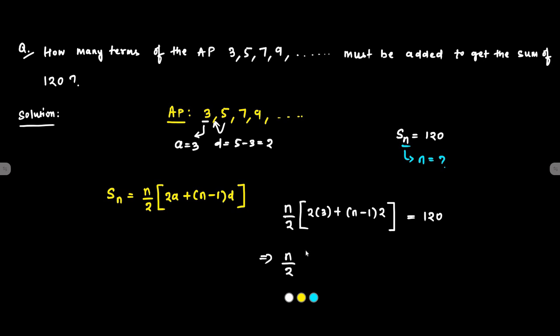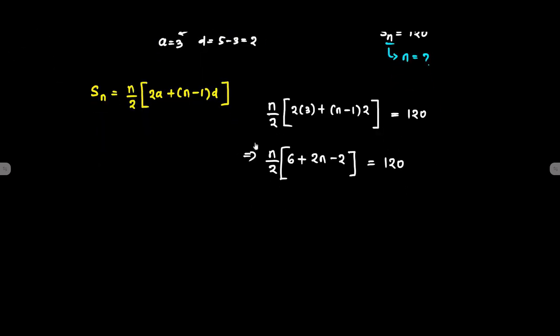That implies n by 2 into 6 plus 2 into n minus 1, so it is 2n minus 2, that is equal to 120.